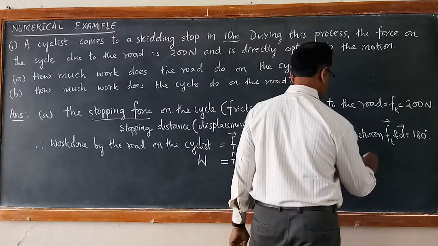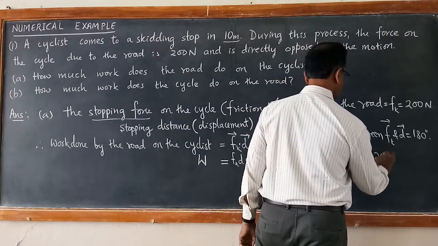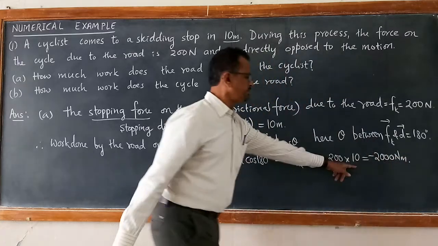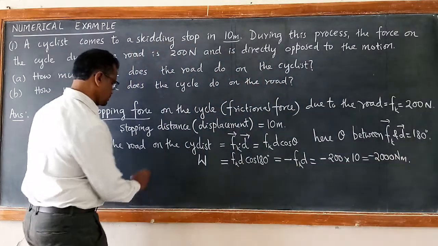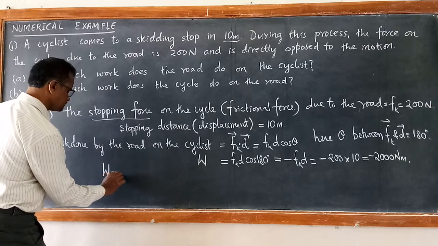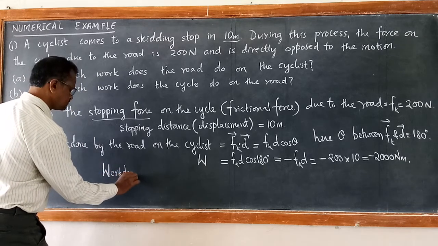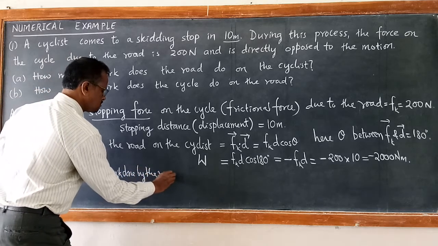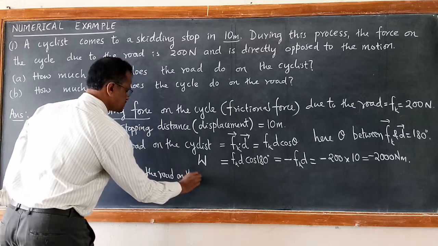So that becomes minus 2000 Newton meter. So, minus 2000 Newton meter is the work done by the road on the cyclist.